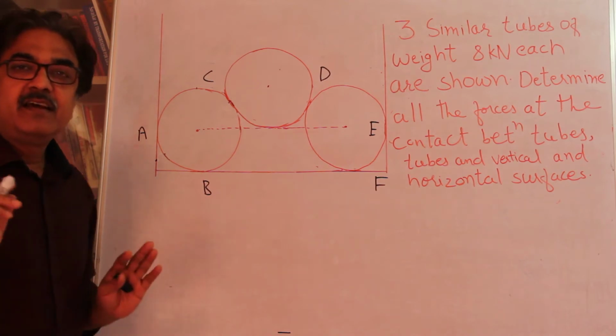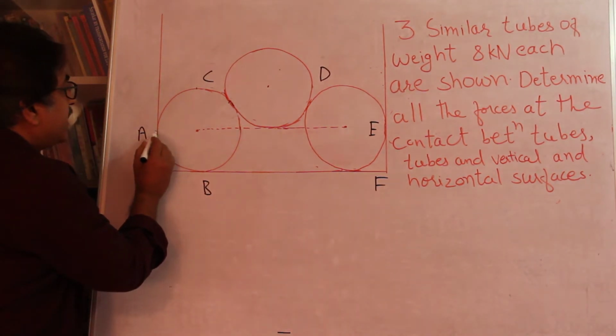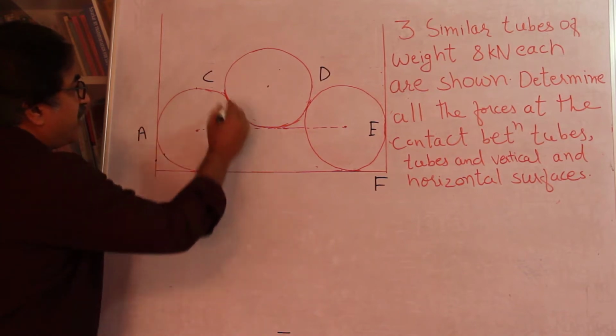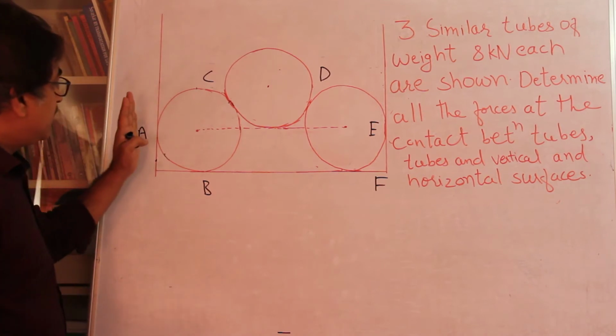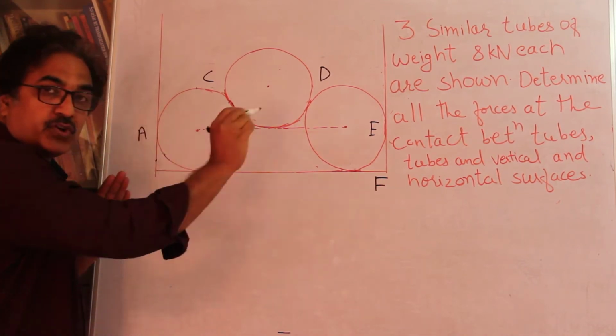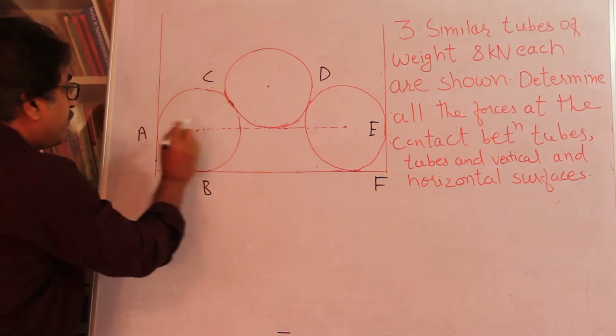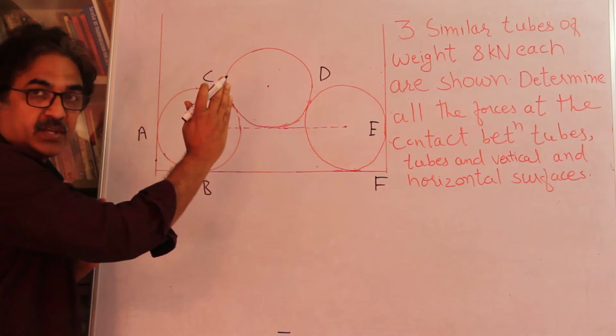Anyway, let's draw the free body diagram. That means let's draw the direction of forces. At point A, I'm going to draw the free body diagrams of these tubes. This surface is going to push this towards the right. The normal reactive force from this surface is going to be towards the right.